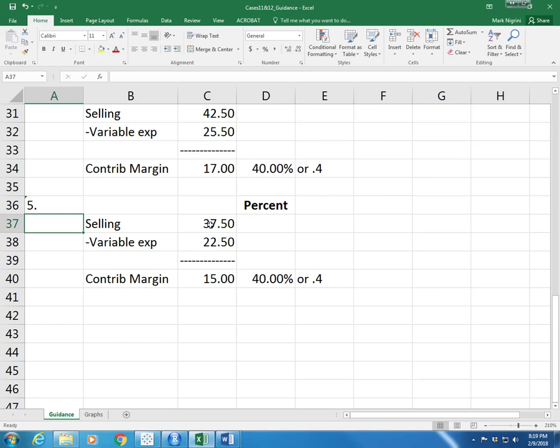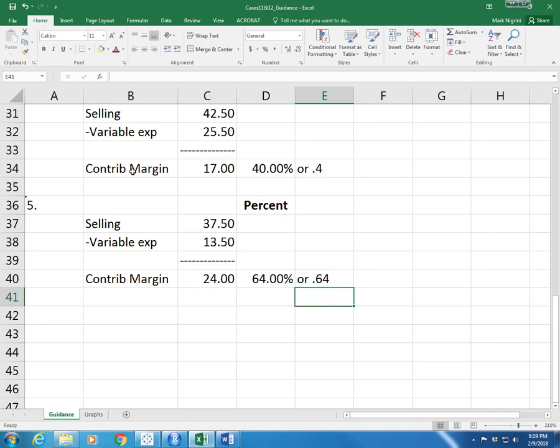So selling price unchanged. Variable expenses down by 40%. So it's going to be the old 2250 times 0.6. If it's down by 40%, it means that it is 60% of what it was. There we go. Contribution margin, $24. Nice. 64, and that is equal to 0.64. I don't think that was the whole number 5 though.